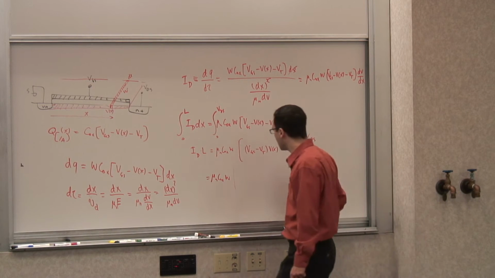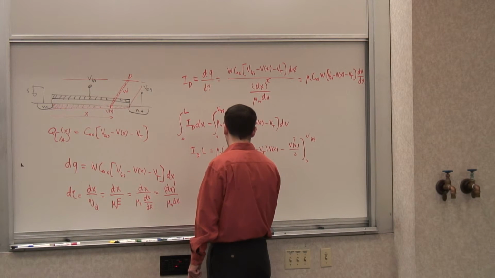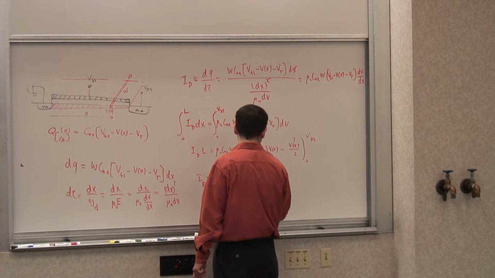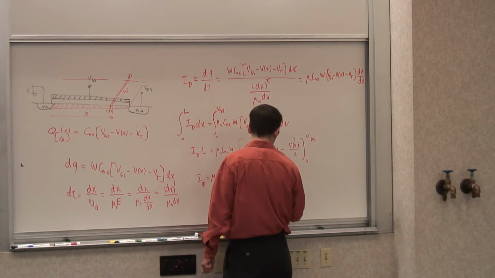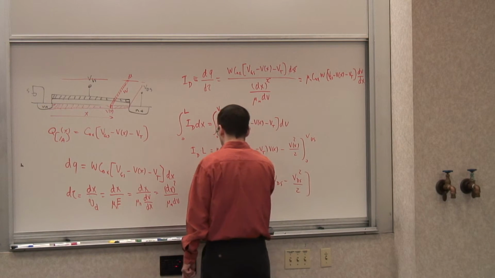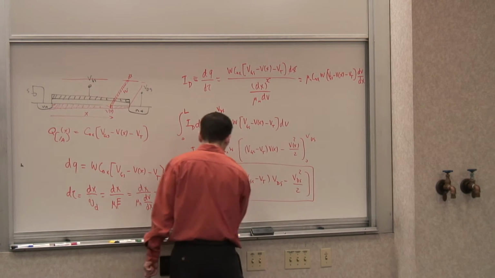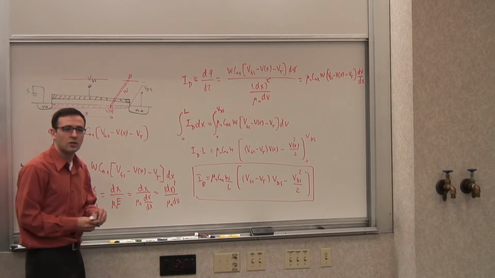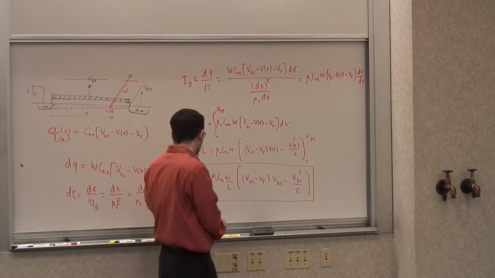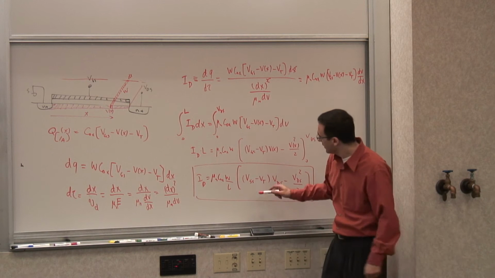And I evaluate that, and I get the L on this side, so ID becomes mu n Cox W over L times (VGS minus VT) times VDS minus VDS squared over 2.